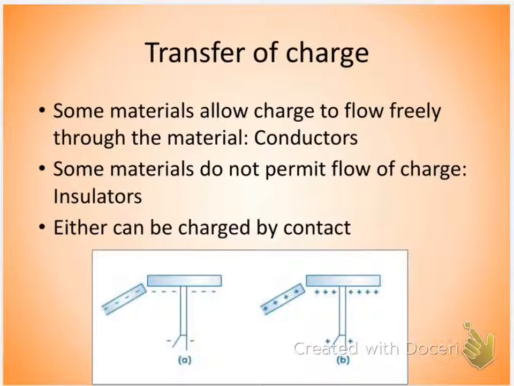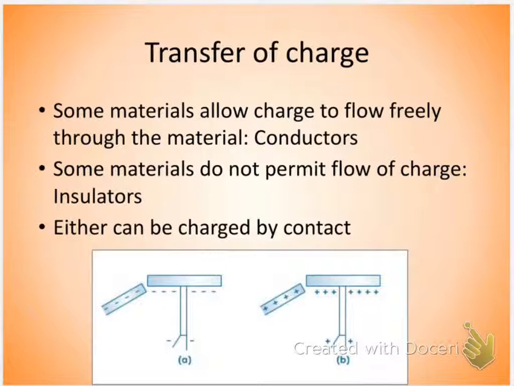And there are differences based on the atomic structure in how materials accept the flow of charge. So you know this from chemistry. Conductors permit the free flow of electrons. So metals tend to be conductive. Insulators, the nonmetals and compounds made up largely of nonmetals, tend to be resistant to the flow of charge.